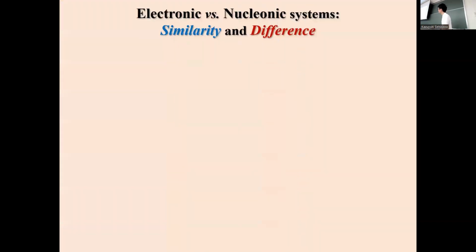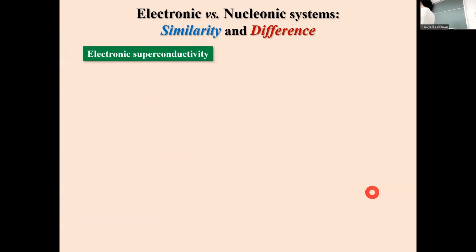Okay, so let me first discuss similarity and difference between electronic systems and nucleonic systems. As you may know, superconductivity was found for the electronic system, and the BCS theory was also first established to describe this superconductivity.